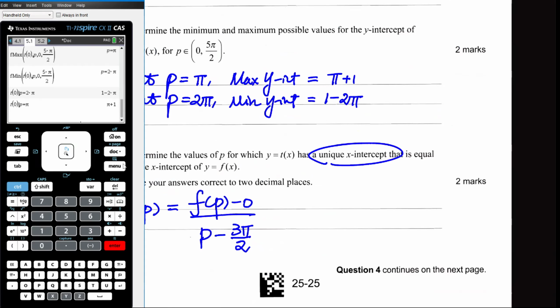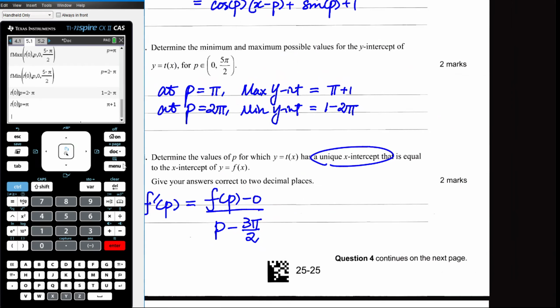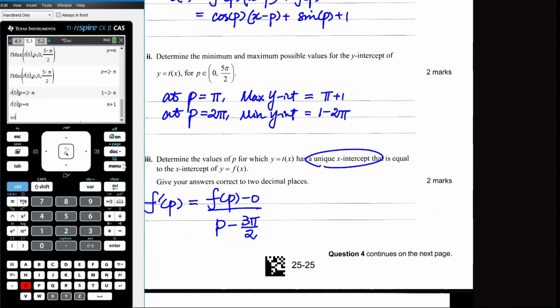And we try to solve for the values p between 0 and 5 half pi's, okay? So we get f dash of p, we defined the derivative before, equals f of p minus 0 over p minus 3 pi on 2, given that 0 less than p less than 5 pi over 2.